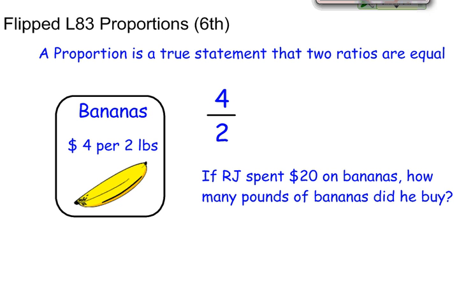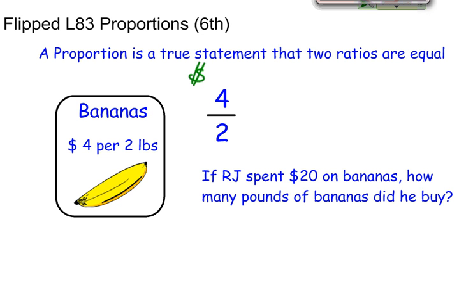And so we have this example. If you go to a store and we see that bananas are $4 per 2 pounds. In other words, we have this ratio of if you spend $4, you're going to get 2 pounds of bananas. Now the question is, if RJ spent $20 on bananas, how many pounds of bananas did he buy?